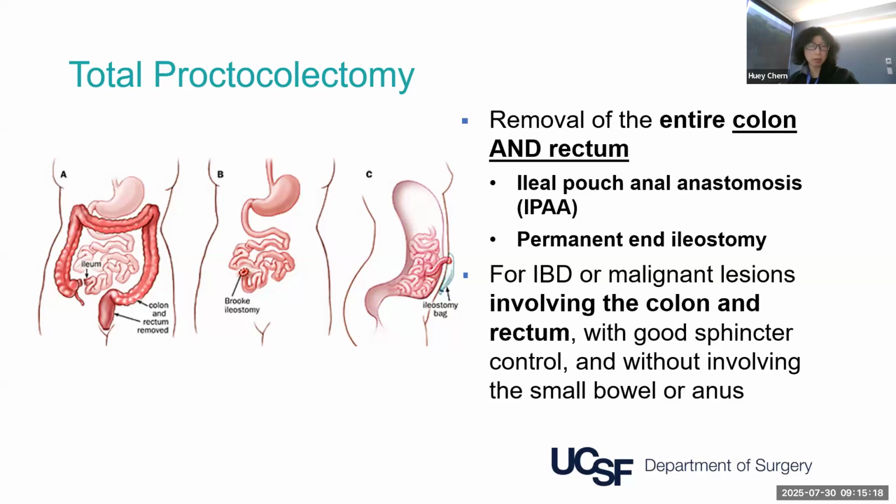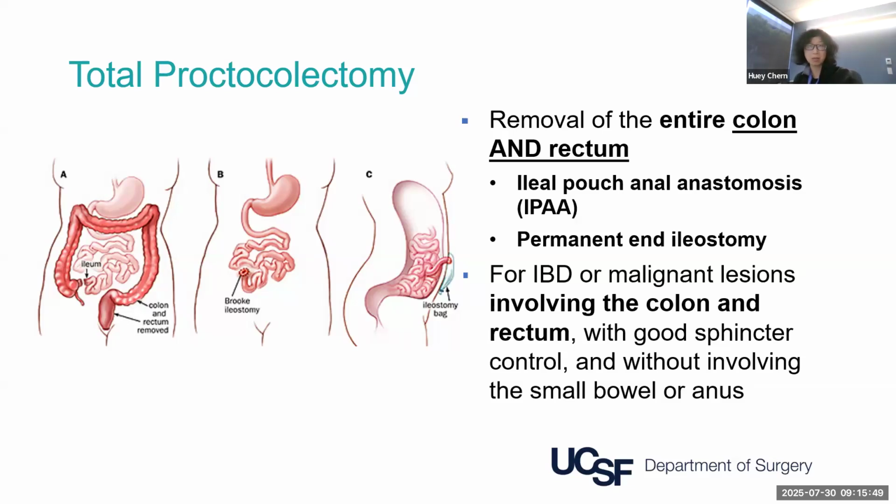I think, for us, it is not easy to go back to the pelvis, so we try to avoid a situation where you have to reoperate in the pelvis if possible. So often, if we're talking about total proctocolectomy and removing the rectum, at the time of that surgery, we would make a decision to either form a permanent end ileostomy or do some sort of reconstruction.